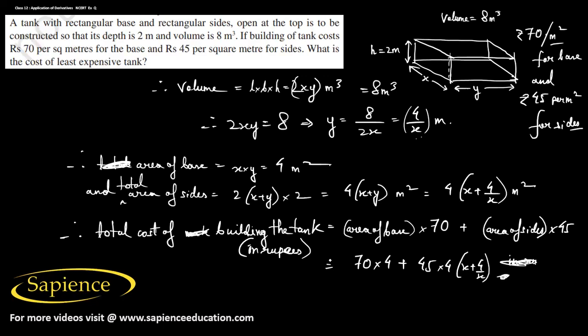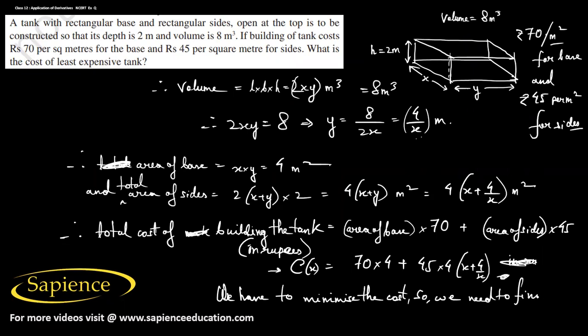This should be minimized. We can say this is c of x, the cost function in terms of x. So we have to minimize the cost, that is, find the minimum value of c of x.